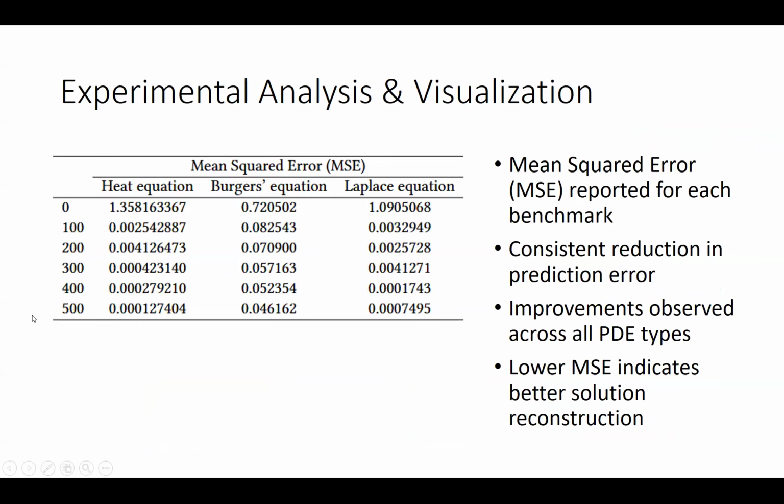Here are the quantitative metrics collected during our training process. If we look at epoch 0, these initial errors are naturally quite high. They sit at 1.35 for heat and 1.09 for Laplace. But if we look at epoch 100, we observe a major reduction in prediction error.